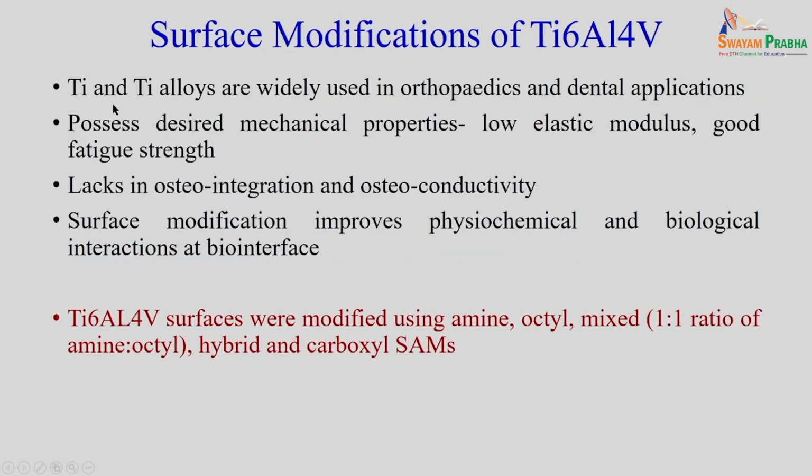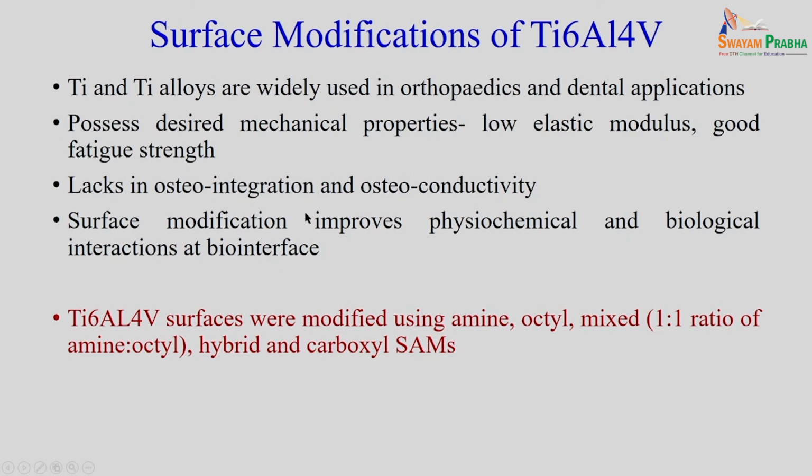So, why choose titania? Because titania and its alloys are widely used as implant biomaterials, particularly in orthopedic and dental applications, because of their excellent mechanical properties like low elastic modulus and good fatigue strength. But as a material it lacks osseointegration and osteoconductivity.